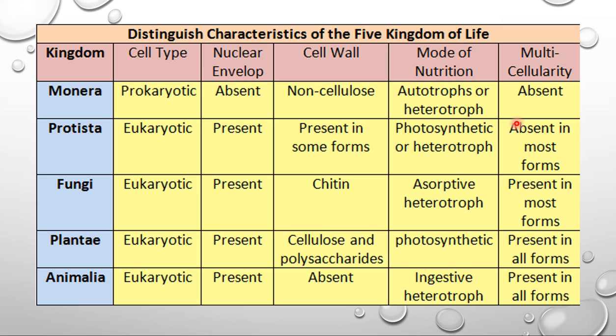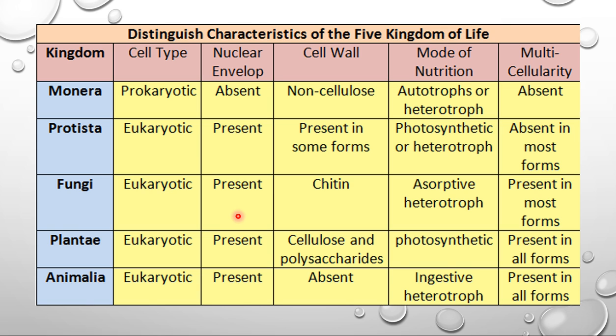Whether it is a multicellular organism or a unicellular organism, that is also one point. So that's why you have to study all these characters to classify the organisms in the five kingdom classification. I hope you understand the distinguishing characteristics of the five kingdoms of life.